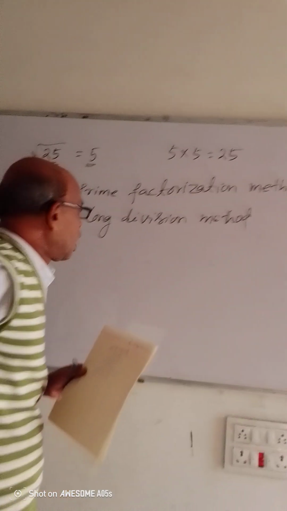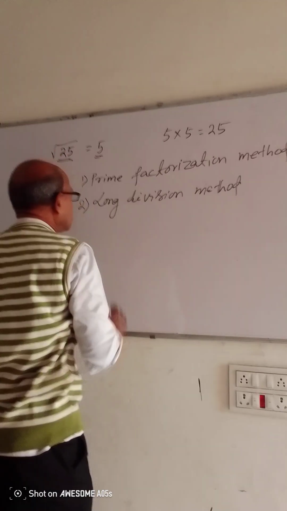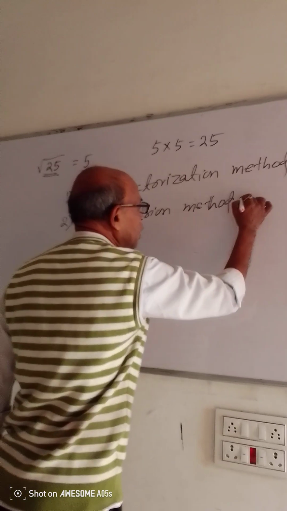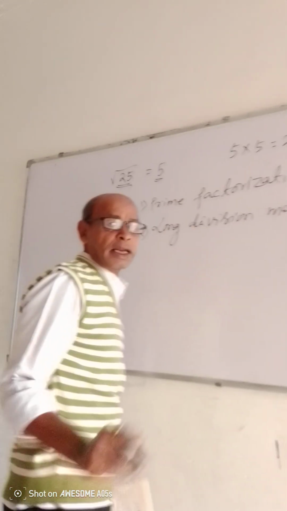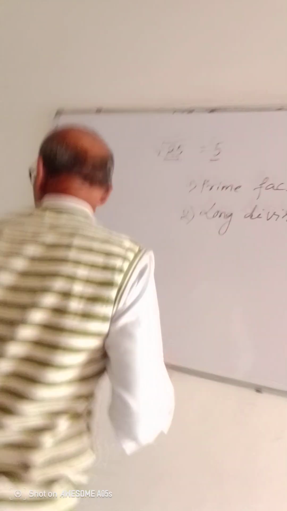Actually it is a long process. Generally, if the question does not ask to find the square root by prime factorization method, we find the square root by long division method. Now in this class, we will discuss how to find the square root of a number by long division method.